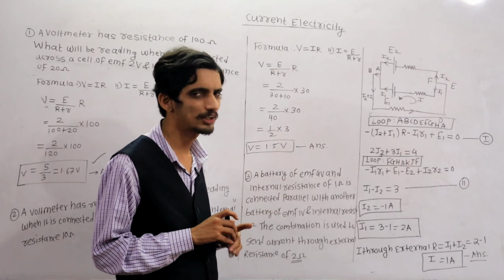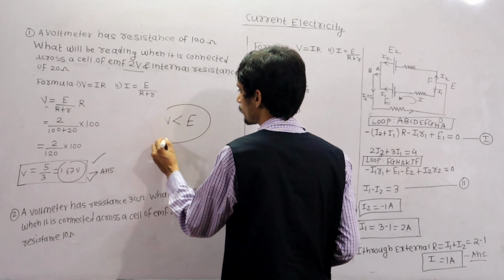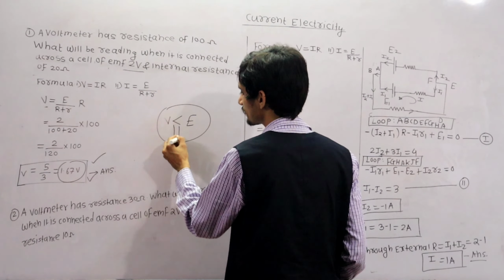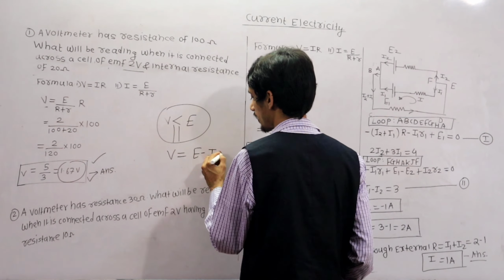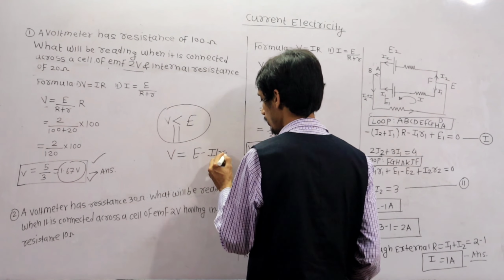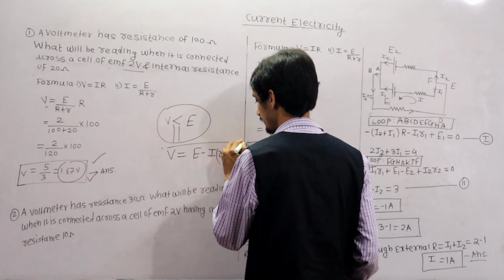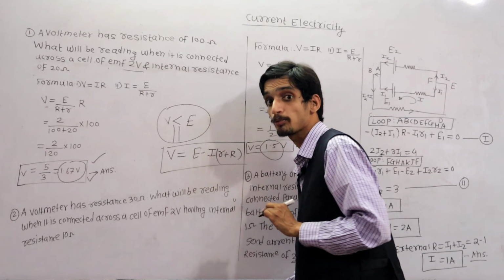Okay, so whenever you close the key, that time once the current starts flowing in that circuit, then the terminal potential difference is actually less than the EMF of cell. Okay, so that's why V, which is terminal potential difference, is less than capital E. This is an important point here, and from this relation your terminal potential difference V is equal to E minus I into bracket small r plus capital R, in this case if external resistance is provided.